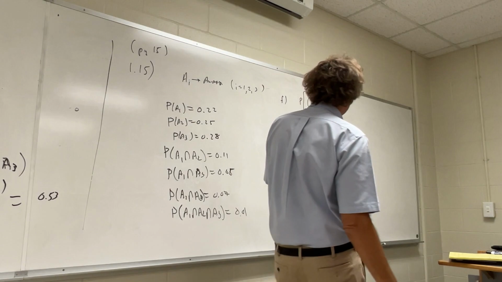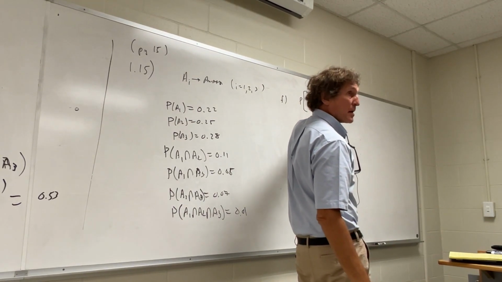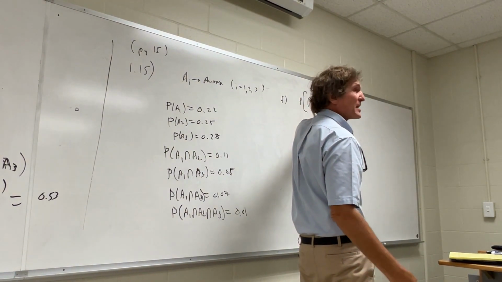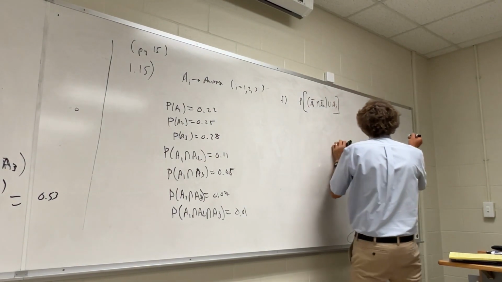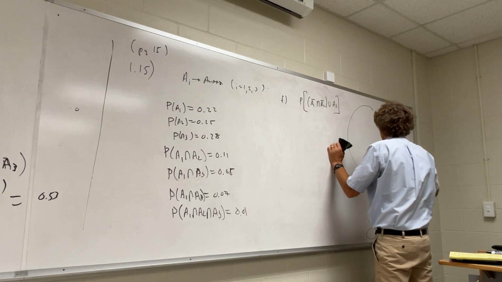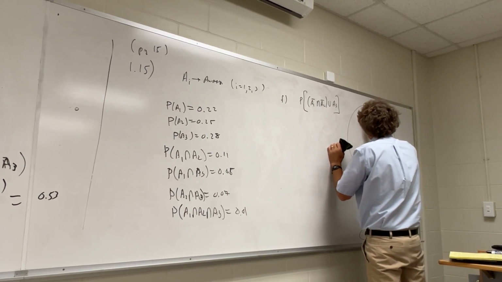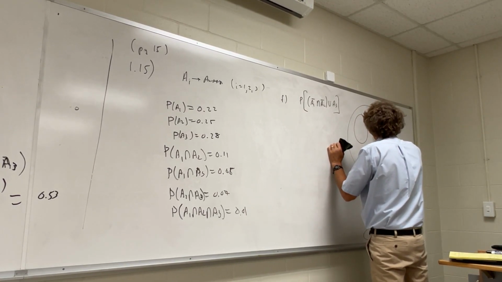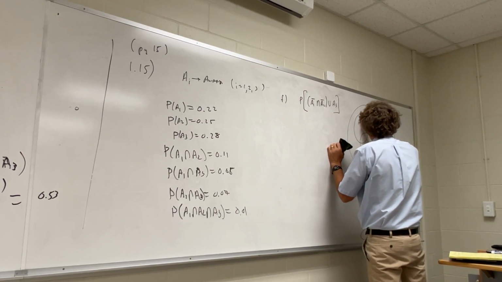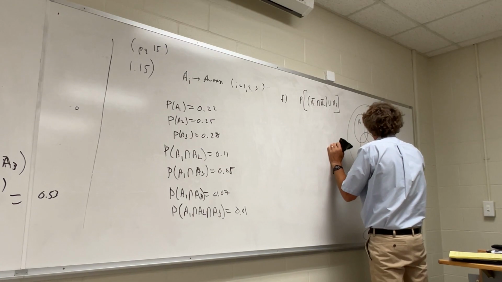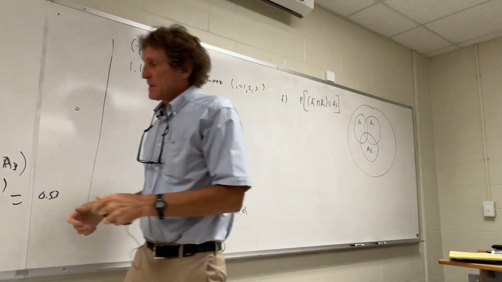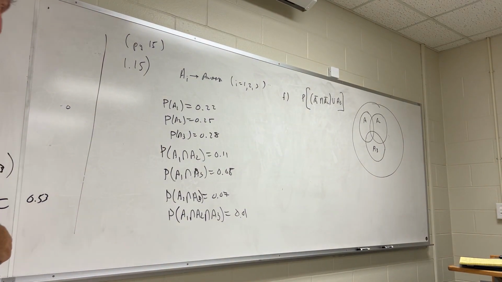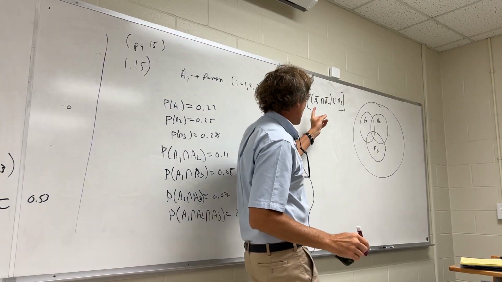So first, let's get this: A1 not intersect A2 not, everything that's not A1 or A2. I'll draw it over here. Here's A1, A2, A3. Now, start with this, not A1 or A2.